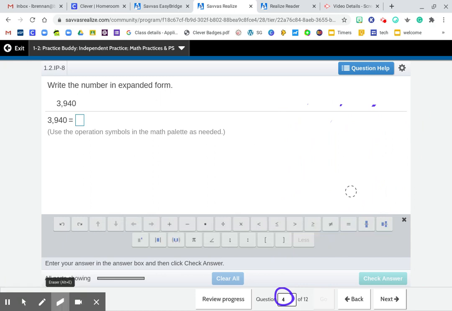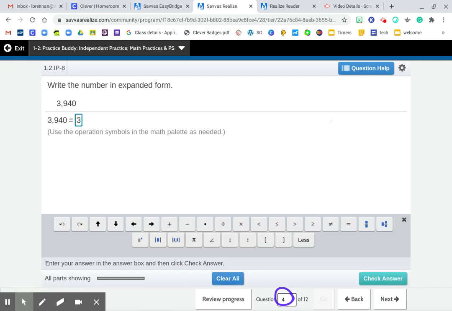I know some of you did this last year with your 4th grade teachers, but some of you didn't. So I have, let's see, and if you get it wrong, it could be because you just used some of the wrong tools. So if I'm writing this in expanded form, it's 3,000.